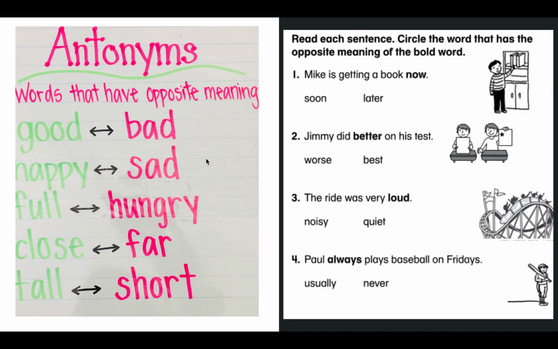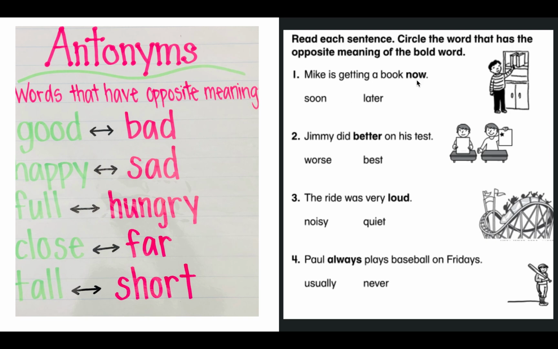This is kind of tricky. Let's look at number 1. Mike is getting a book now. Well, what's a word that is the opposite of now? Soon or later? If I was to say, Mike is getting a book soon, that's very similar in meaning to now.